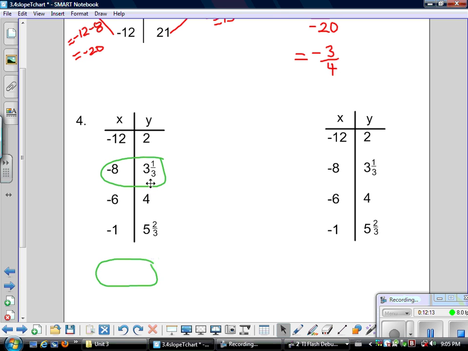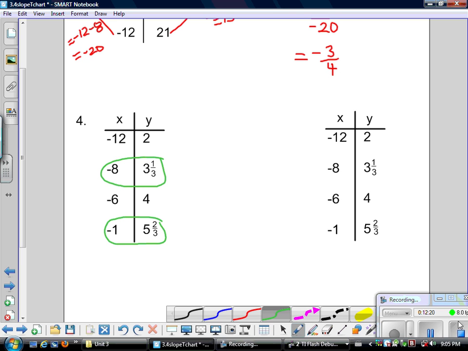So I am going to choose these fractions just so we have some more practice working with fractions. And let's go and do this one again. So if I look at my delta x's, my delta x is going to be negative 1, take away a negative 8. So that's the same as negative 1 plus 8.